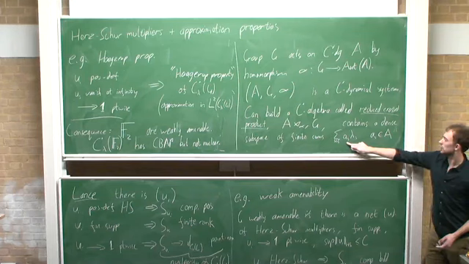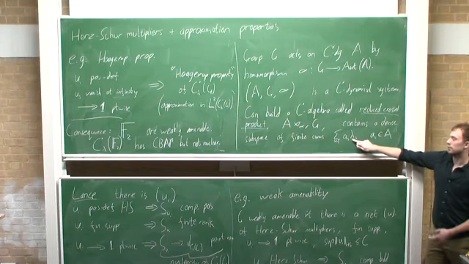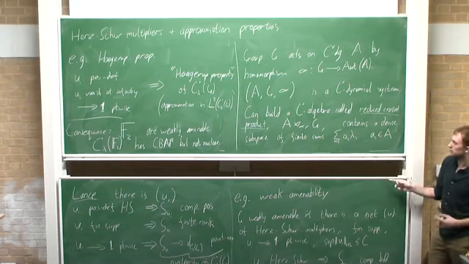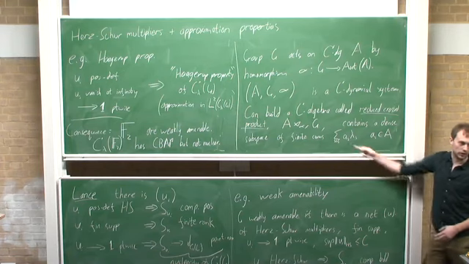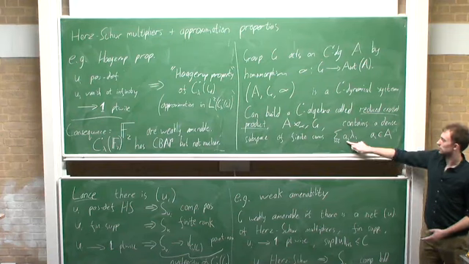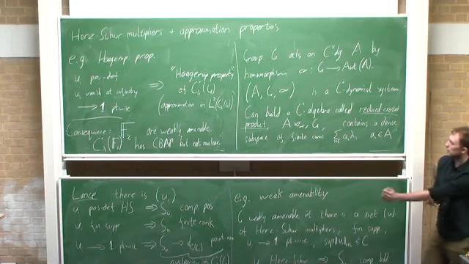You maybe know that I'm cheating a bit here, like we'll have to inflate the left regular representation and twist the action of A, but this is the notation that's very convenient.